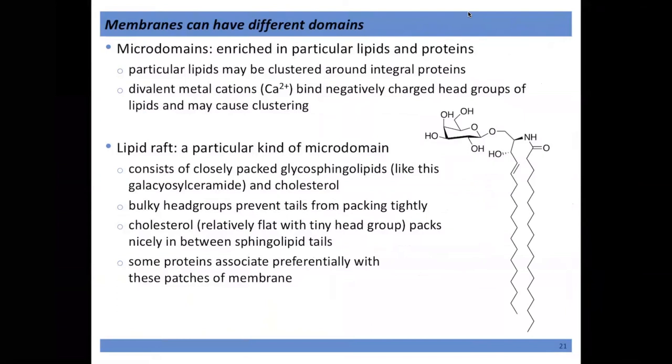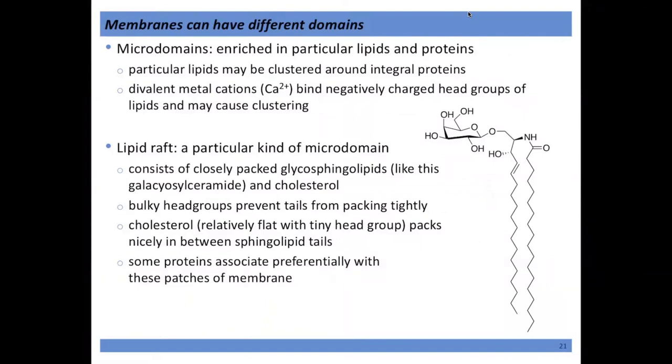Some of these lipids will interact with metal ions like calcium-2, and so they'll cluster. If you expose it to calcium, all of a sudden you start to cluster a specific type of membrane. So what that means is not only is there asymmetry in the bilayer, there are regions within the bilayer that are heterogeneous from other regions.